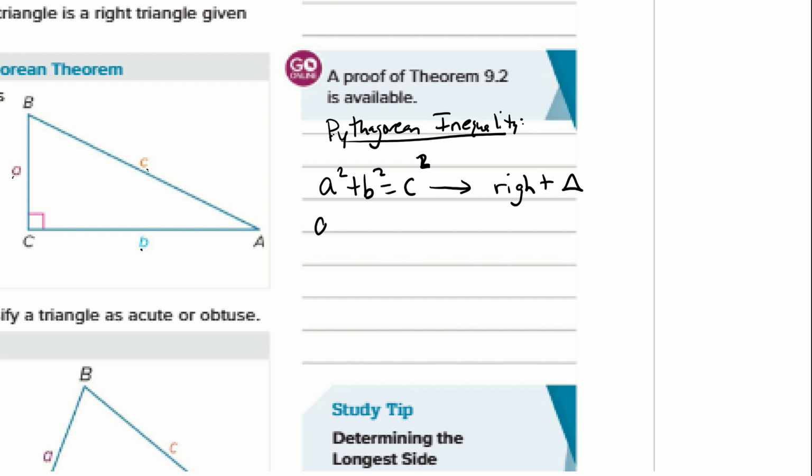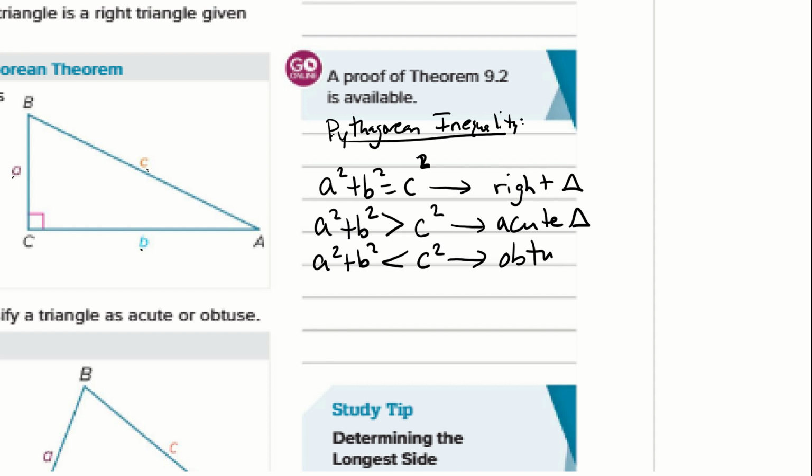Now, if a squared plus b squared is greater than c squared, it must be an acute triangle. And if a squared plus b squared is less than c squared, it must be an obtuse triangle. So this is how you can tell if it's a right triangle, an acute triangle, or an obtuse triangle, by using the Pythagorean inequality.